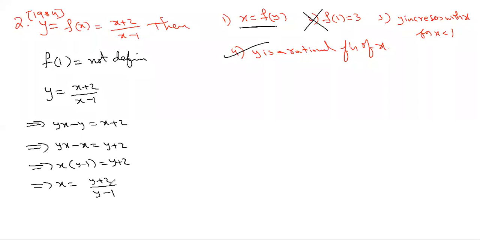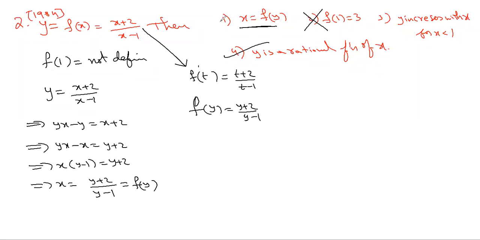If you look at this, f of x is this, so what is f of t? t plus 2 by t minus 1. So f of y is y plus 2 by y minus 1. They are given x is equal to f of y, so x is equal to f of y is a true statement.